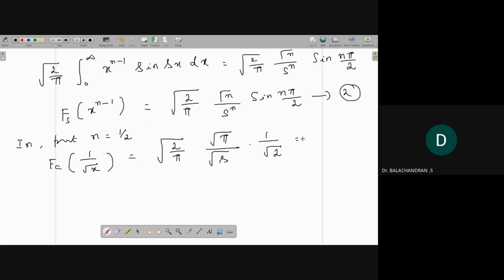So root pi gets cancelled, root 2 gets cancelled, and we'll get 1 by root s. So this implies 1 by root x is self-reciprocal under Fourier cosine transform.